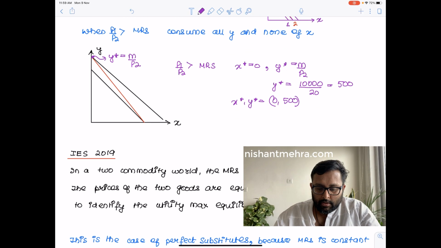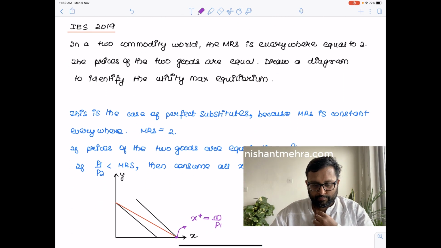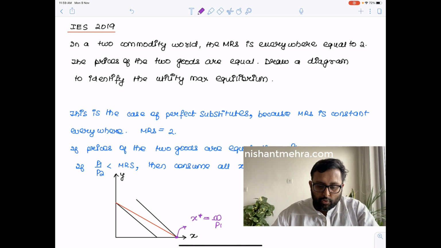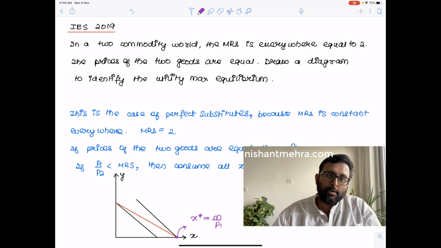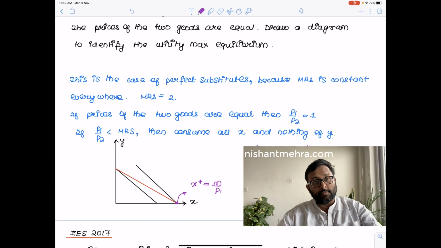Right? There was a question which came in the IES 2019 paper. In a two commodity world, the MRS is everywhere equal to 2. The prices of the two goods are equal, draw a diagram. Now when you think about it, when MRS is constant everywhere, which case is that? Perfect substitutes.